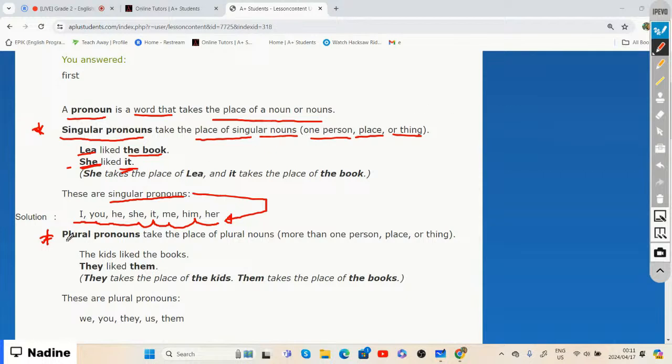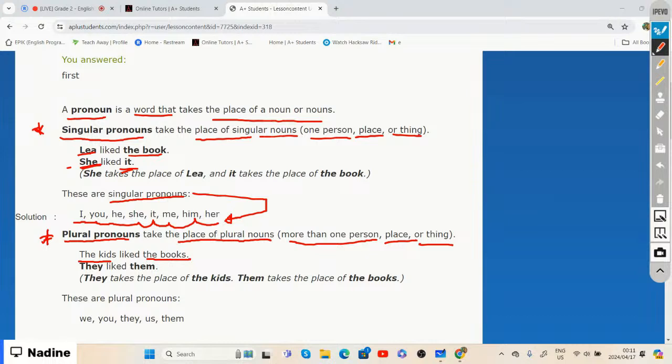Plural pronouns take the place of plural nouns, and plural nouns refer to more than one person, place, or thing. If we look at an example, if we say the kids, we are referring to more than one. The kids like the books. The books is also a noun.